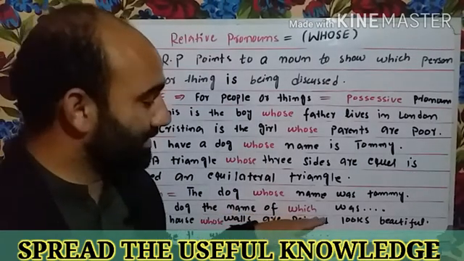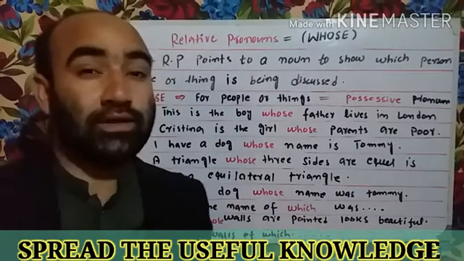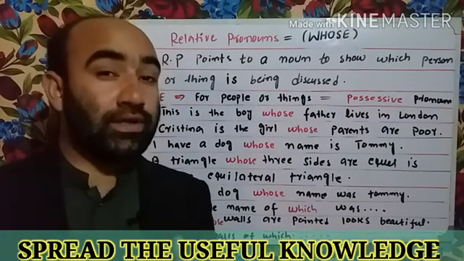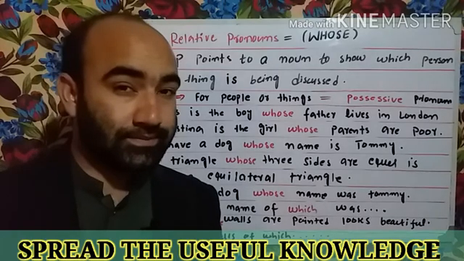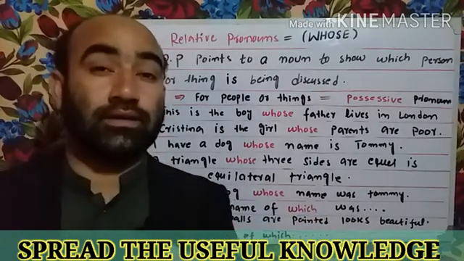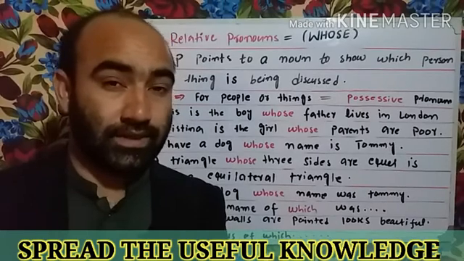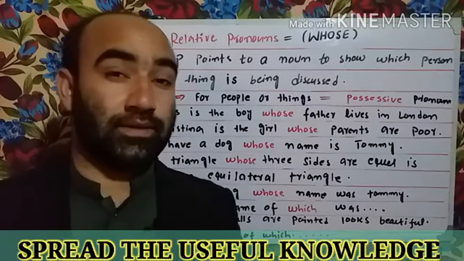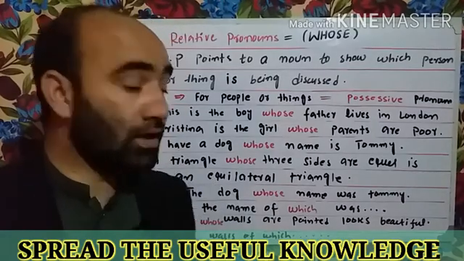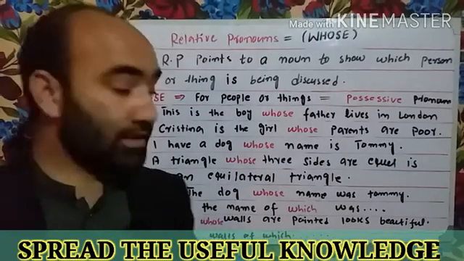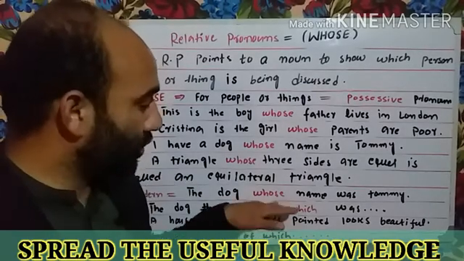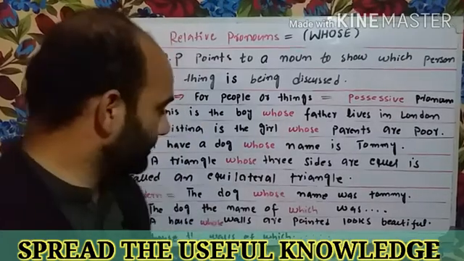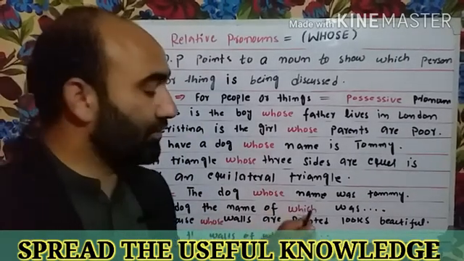Because which we can use for non-living things, and whose we were using just for human beings. In the first time, we were using whose just for human beings. But in modern language, you can use both. They are both correct in modern English. The dog, the name of which was.